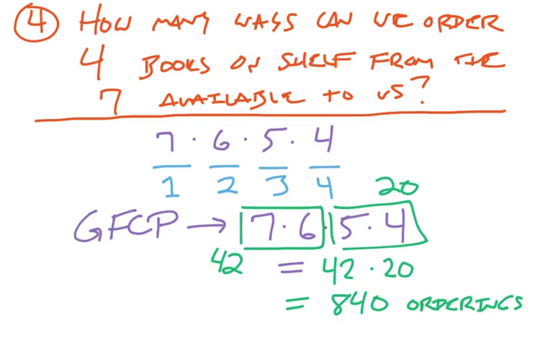Again, it came down to the fundamental counting principle, just interpreting the question in a way that allows you to use the fundamental counting principle to answer it for you. What we're going to do next is basically the same idea, except we're going to suppose that order no longer matters.